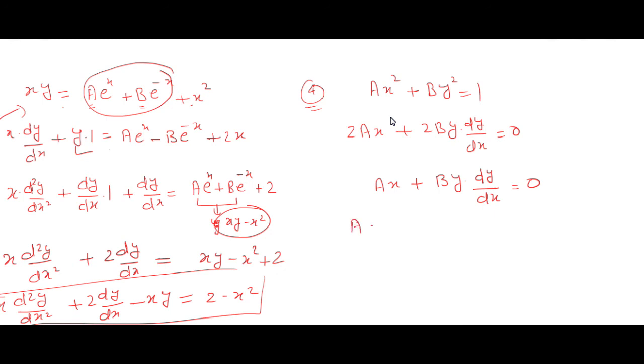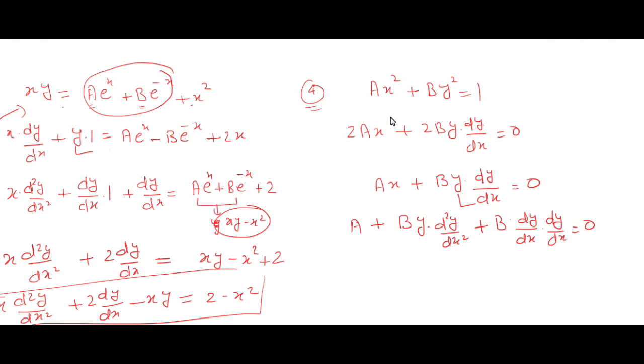You will get a plus b, and you have two functions, first one y and dy by dx. So if you differentiate and apply the product rule, you will get y into d2y by dx square plus b and differentiation of first function and second function is equal to 0. So again you have coefficients a and b.